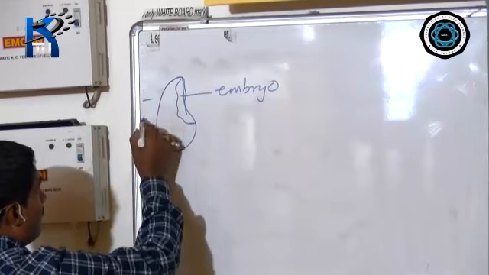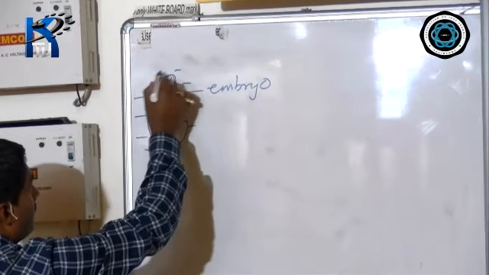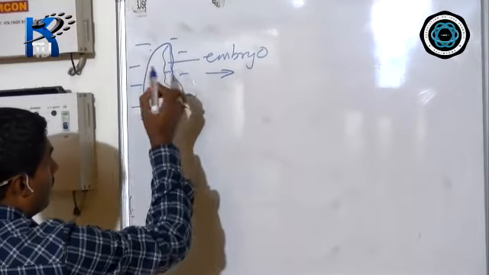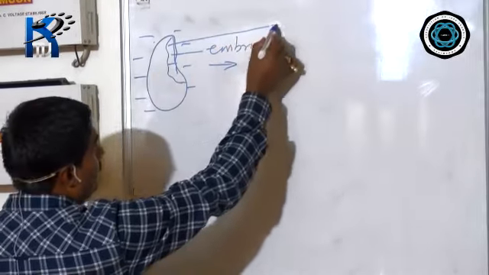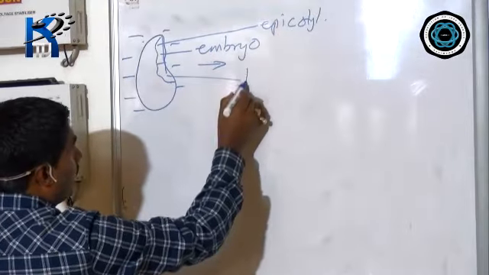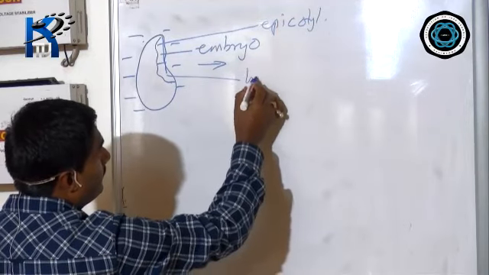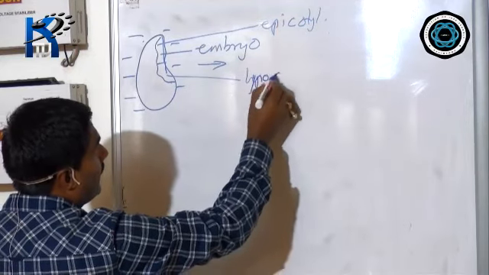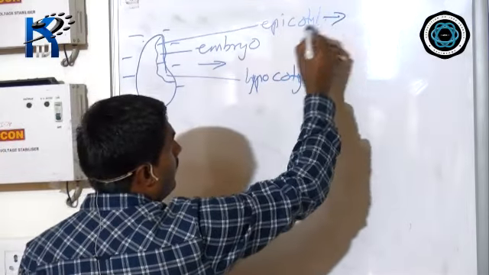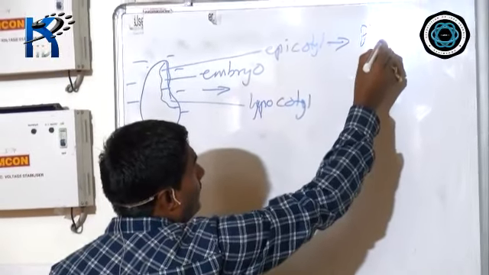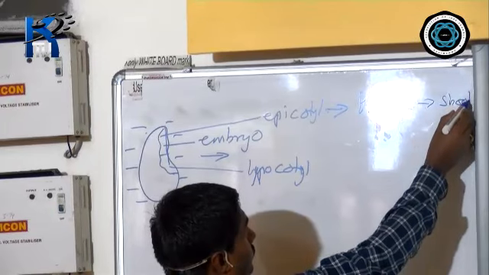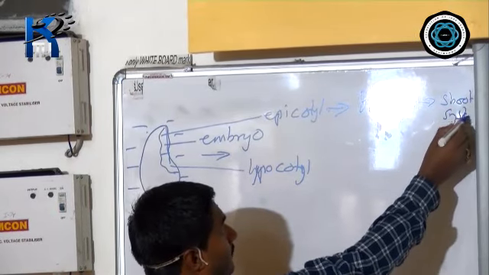When this seed is sown and germinates, the upper part is called the epicotyl, the lower part is called the hypocotyl. The epicotyl gives rise to the plumule. The plumule will give rise to the shoot system.